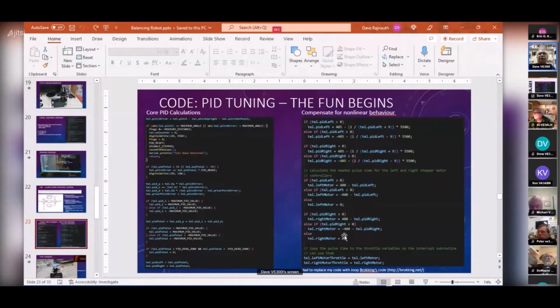I used code from this guy, Joop Brokking, because he figured out how to do a non-linear PID for calculating the step rate for the motor. For the core PID, you're getting your pitch error, looking at the pitch and the set point.